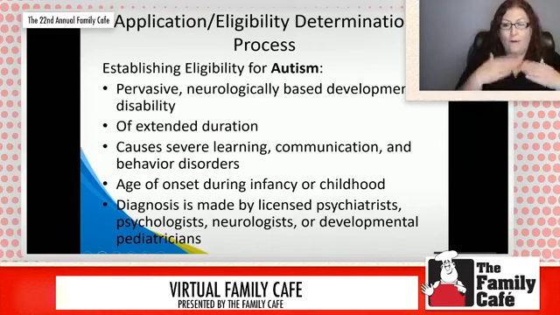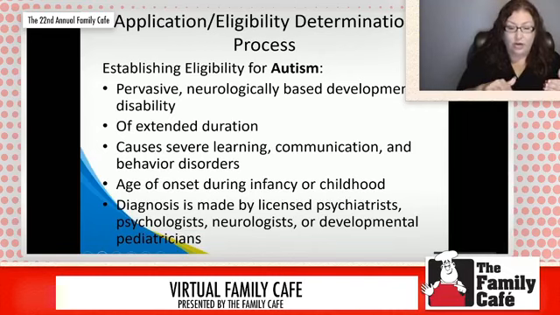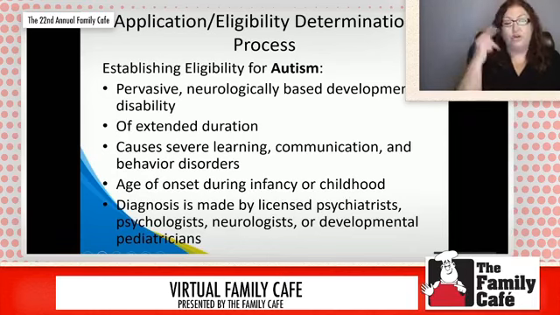The age of onset is during infancy or childhood, and diagnosis is made by licensed psychiatrists, psychologists, neurologists, or developmental pediatricians. And of course, the things I've mentioned are not an exhaustive list.